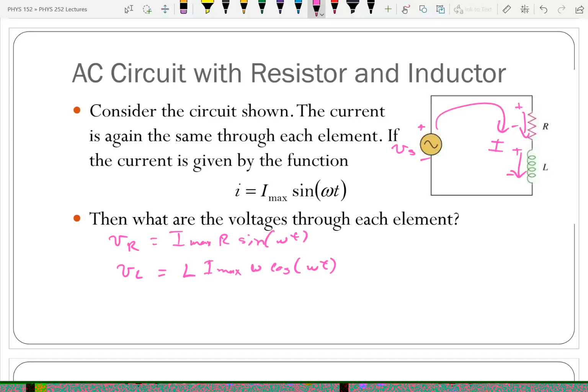Once again, I'm going to change the phase. Add the pi over 2 so that sine of omega t plus pi over 2 is cosine of omega t. And actually, we rearrange this.